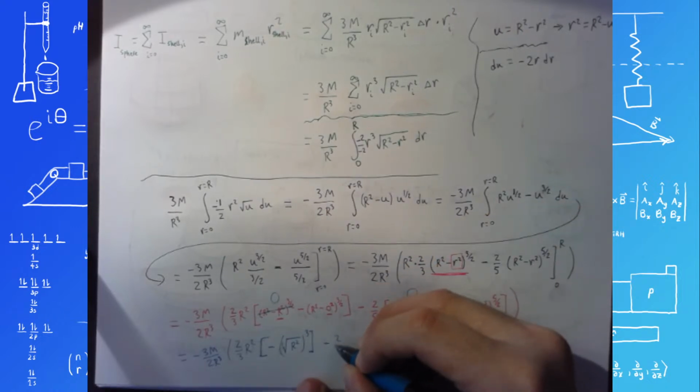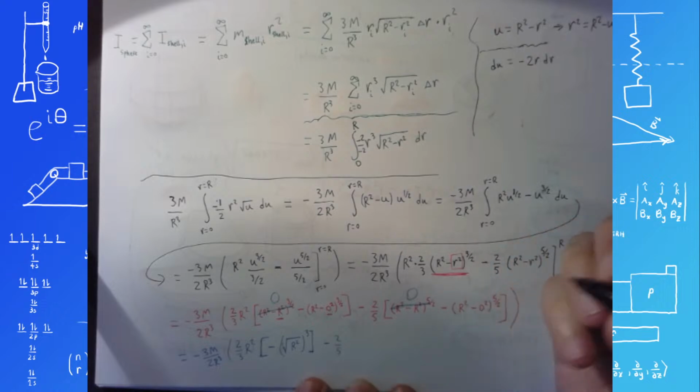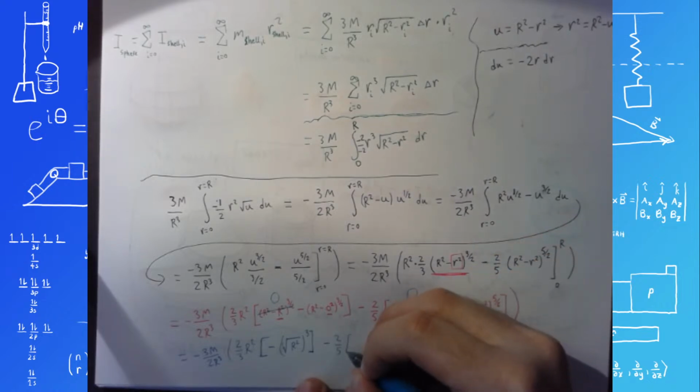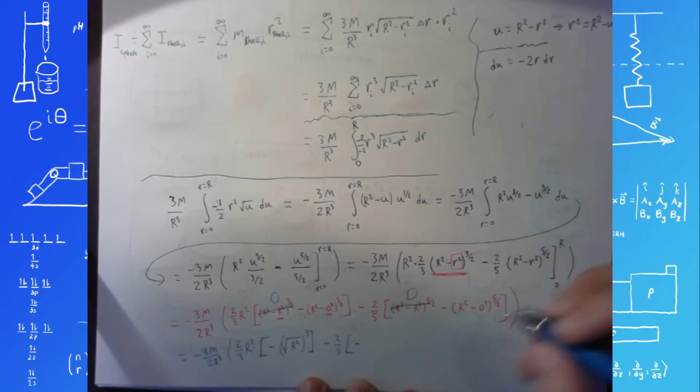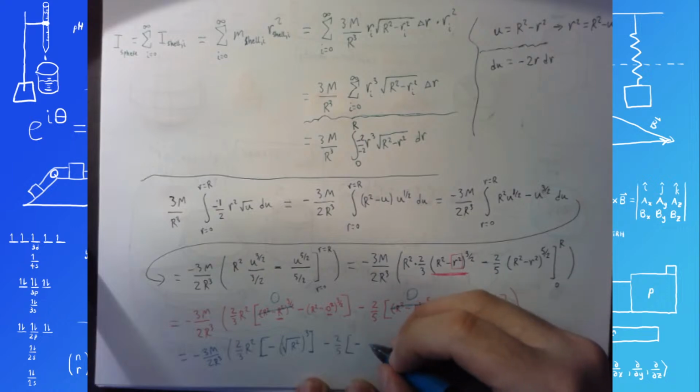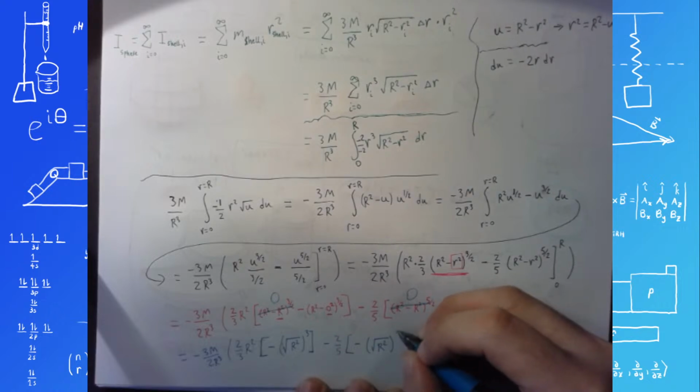And then minus 2/5 of, let's see, what's left in the brackets, that's a 0, and then we've got a negative, and then big R squared to the 5/2, that's the square root of big R squared to the 5th power.